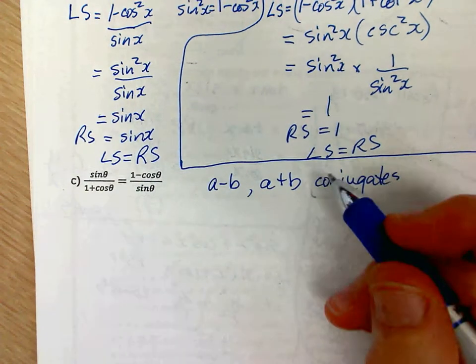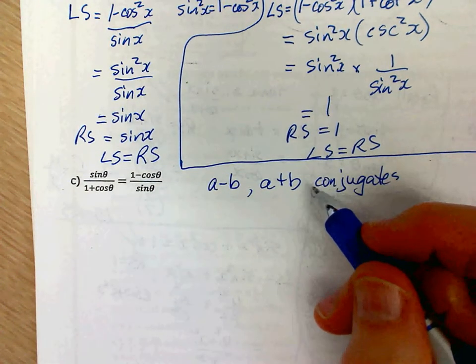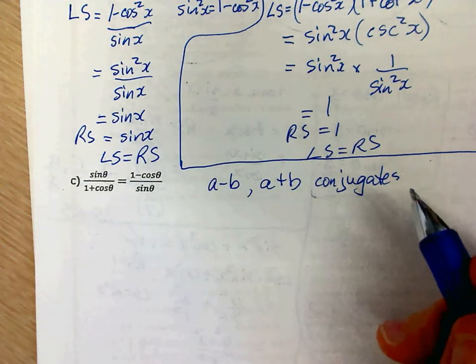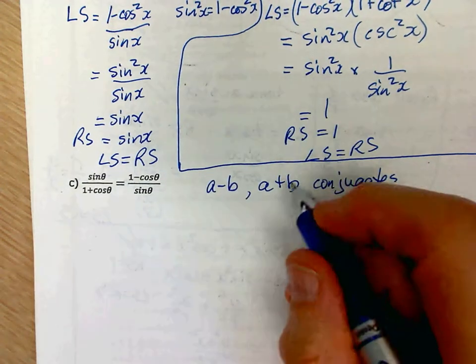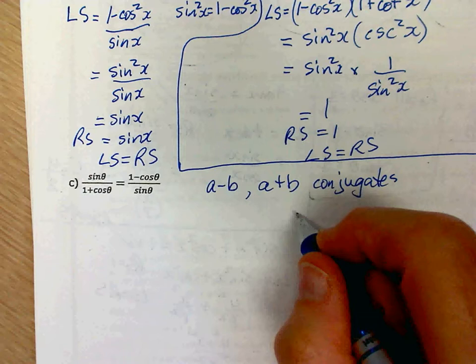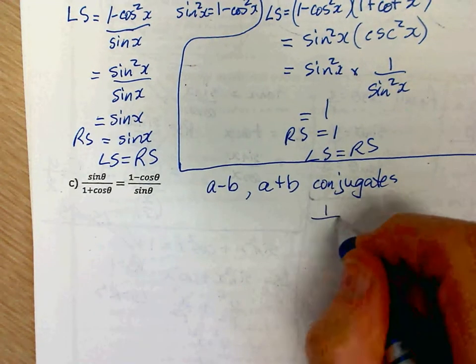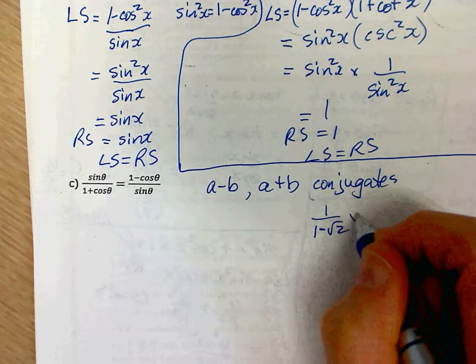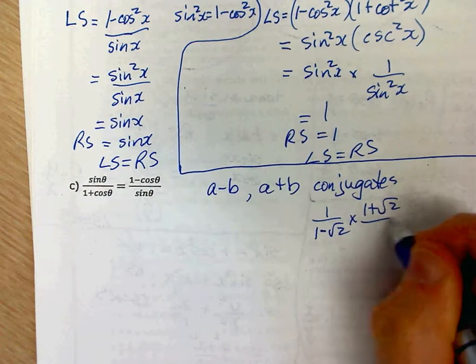It had to do with solutions to quadratic equations. Do you remember when you're rationalizing the denominator, we multiplied by the conjugate?